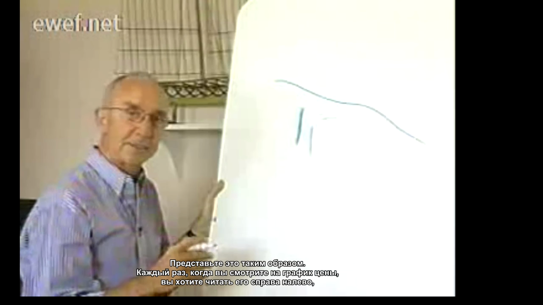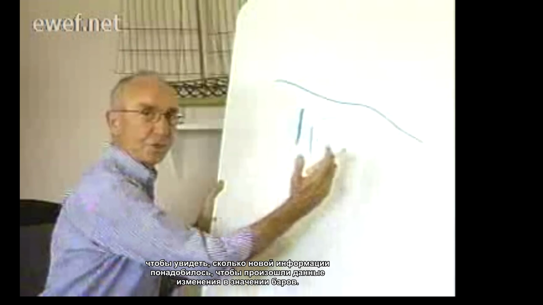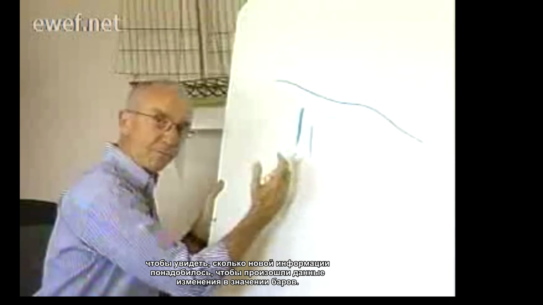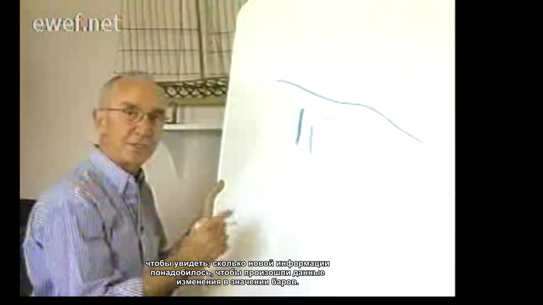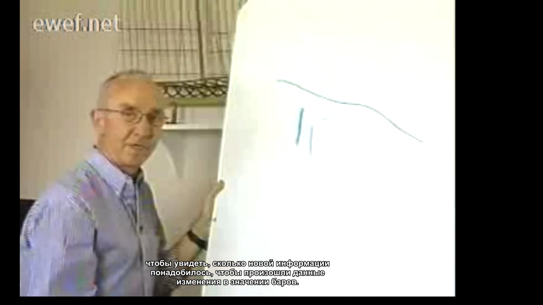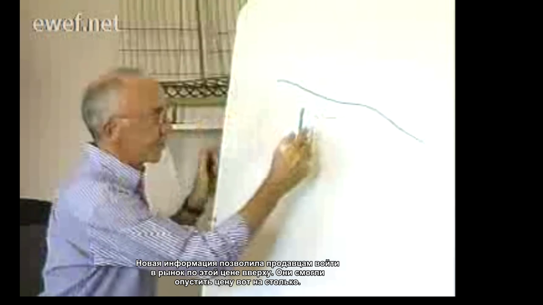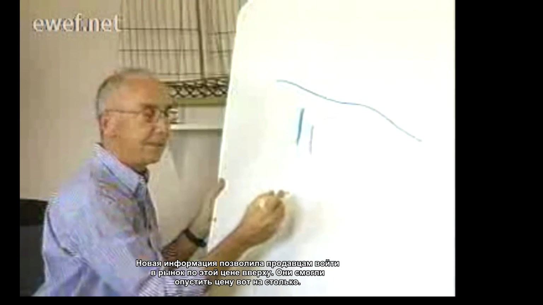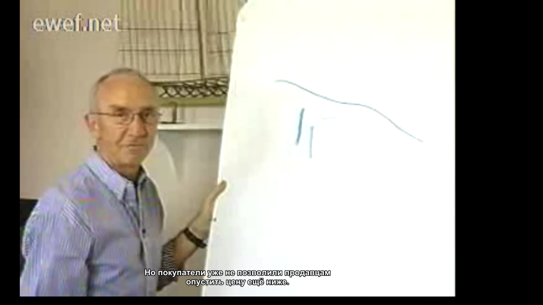Anytime you're looking at the price chart, you want to read from right to left because you're looking back in time into the past to see what it would take to overcome what these people have done. So new information allowed the sellers to take this high price down here. They were able to take it down this far, but then the buyers wouldn't let them take it any further.